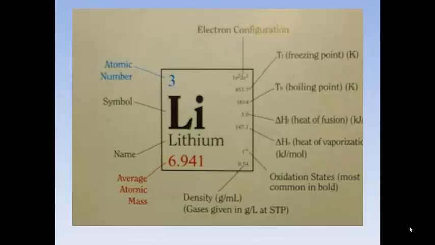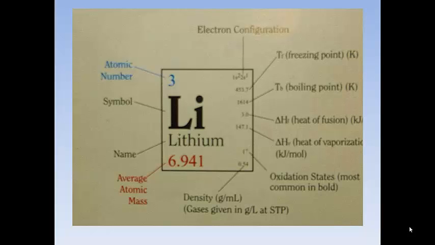Just as a reminder, for each of the boxes in the periodic table, a lot of information is on your periodic tables. In the upper left-hand corner, in blue, you have the atomic number, the number of protons, the number that defines what the element is. You then have the symbol for the element.